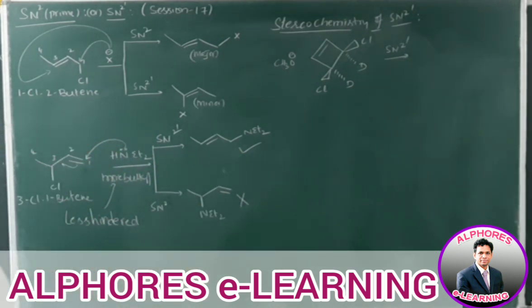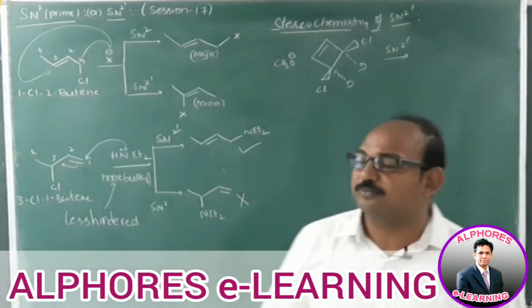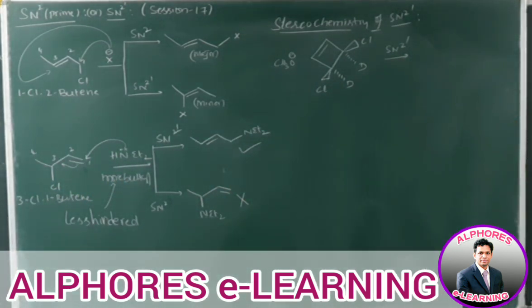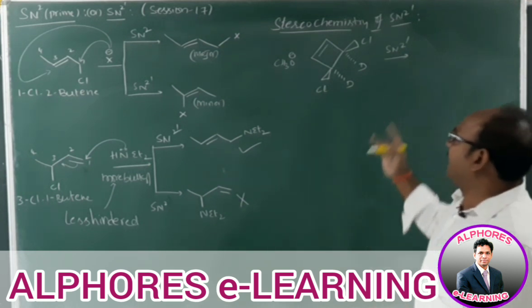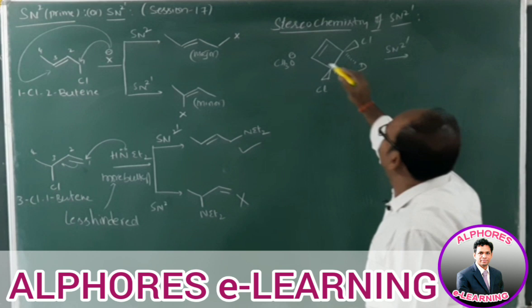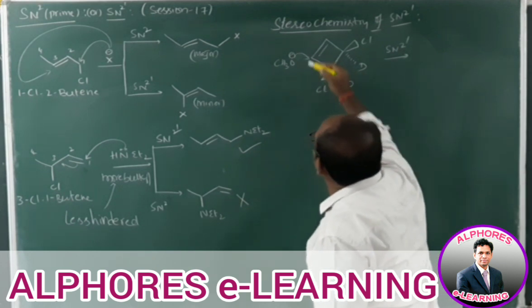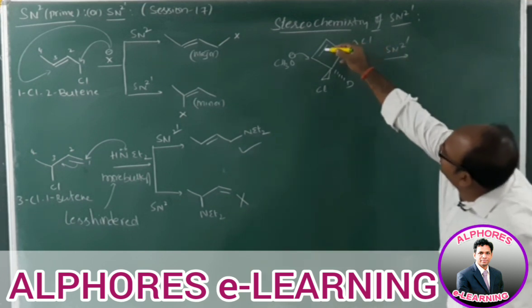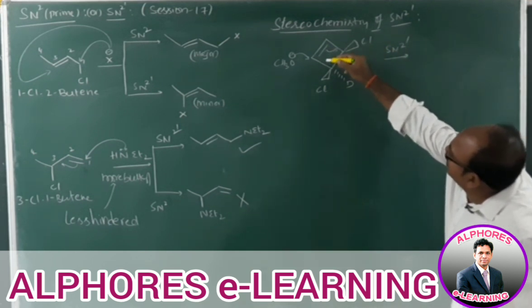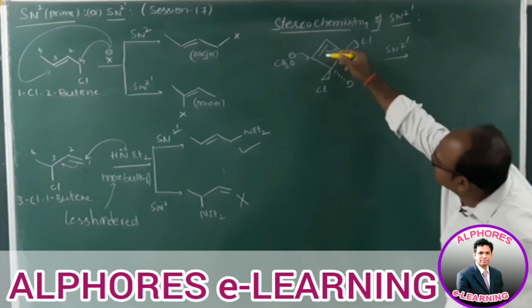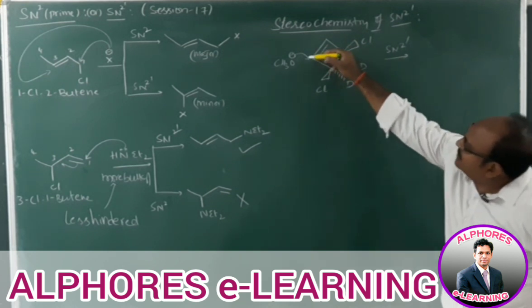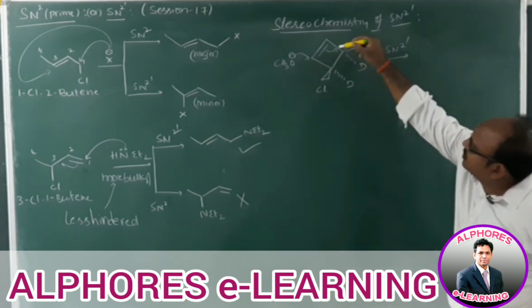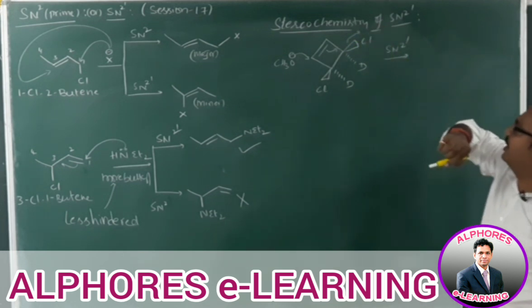Let us consider the stereochemistry of SN2 prime. As I mentioned in the previous example, syn attacking. Now this methoxide O- approaches the double bond carbon, and the double bond electrons will be shifted either towards this side or towards this side. If it attacks here, these electrons will be shifted like this, and Cl will depart.